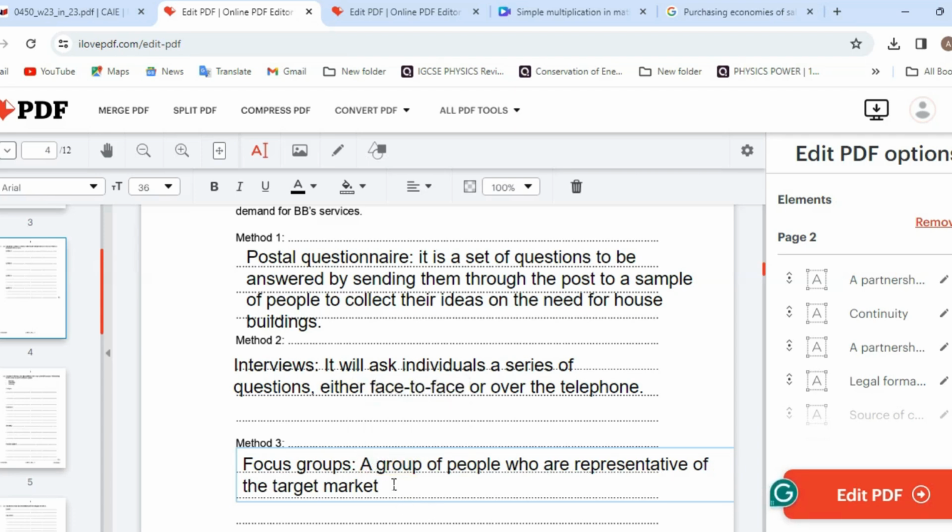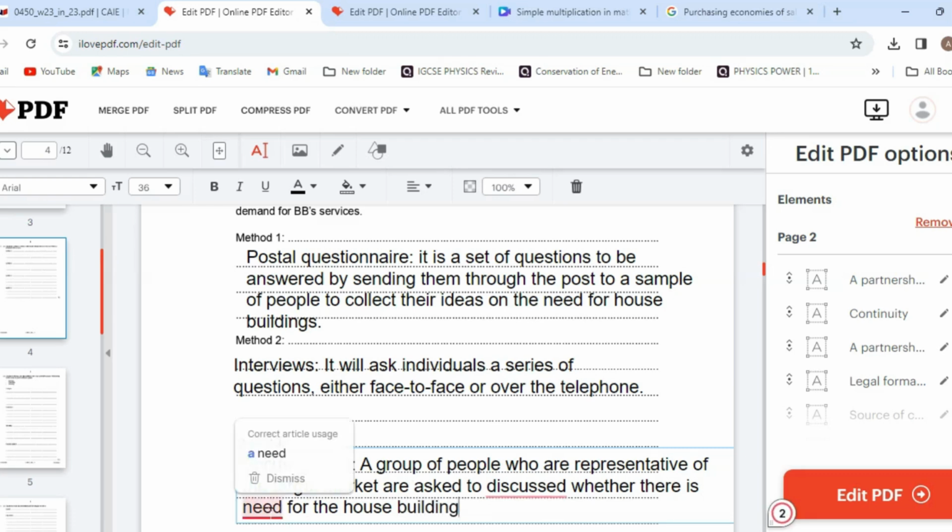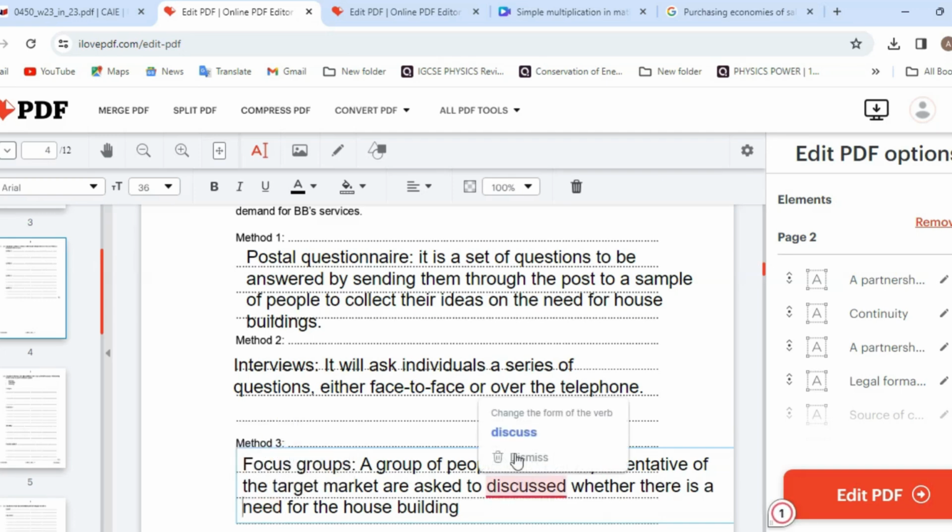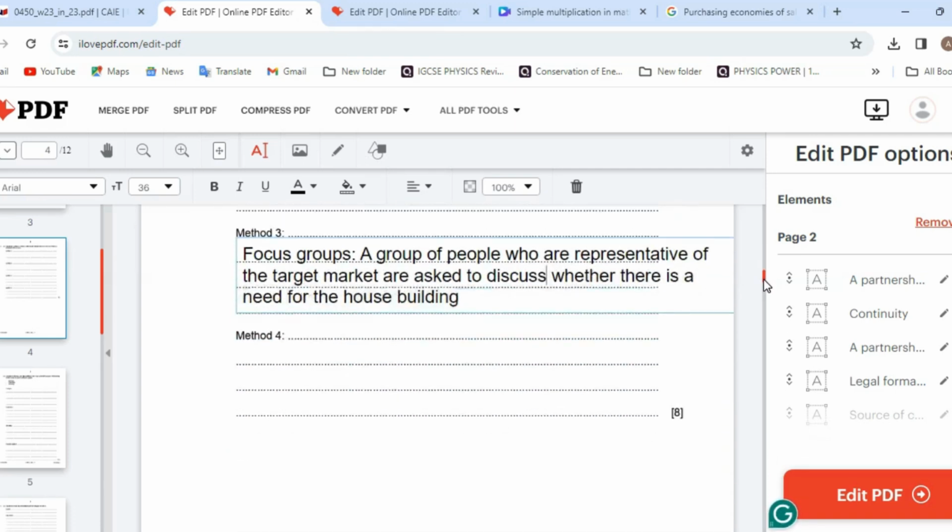A group of people who are representative of the target market will be asked to discuss whether there is need for the house building. That's another method to discuss. Okay. Now another method is what?